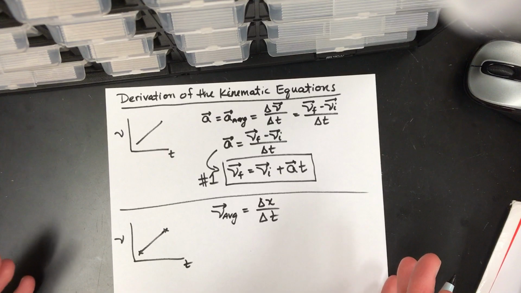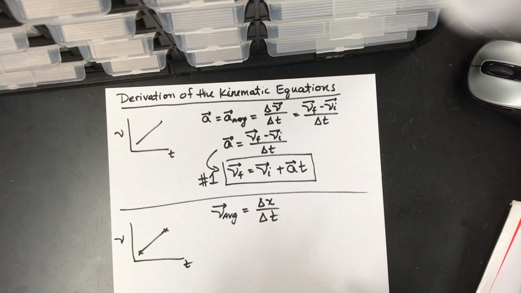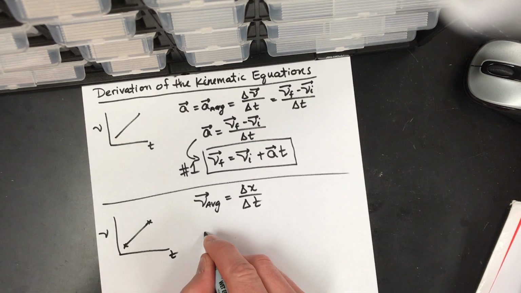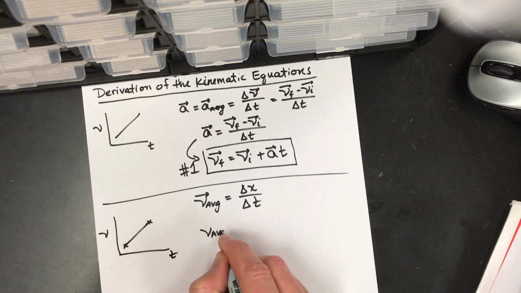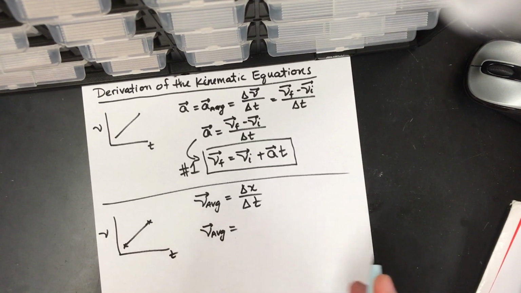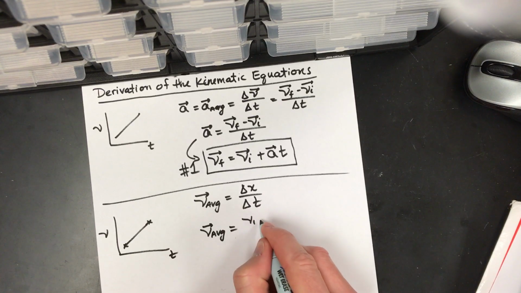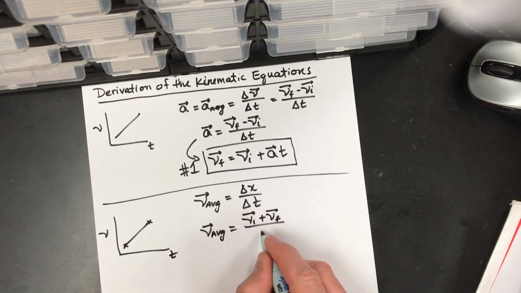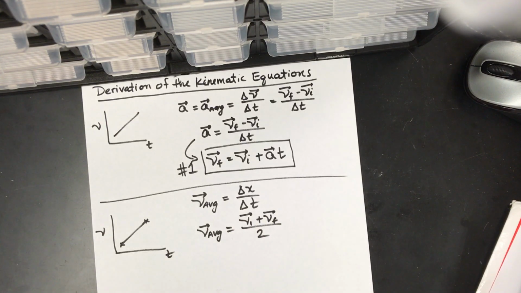How could you find the average velocity if you just had the initial and the final only, no time elements in there? Another way you could do it is to add them up, initial plus final, and just divide by 2. And that's an easy way to get an average of a number, right? So we have two ways now to solve for average velocity.